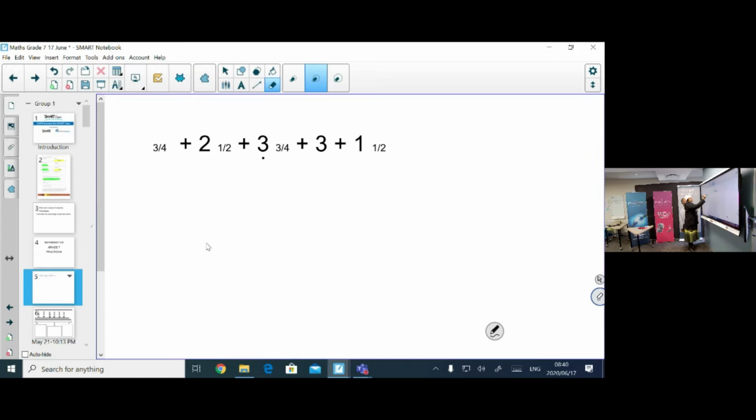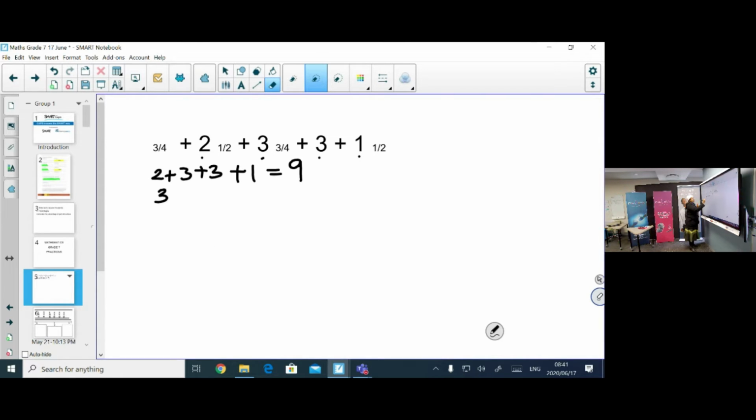First, you must add the whole numbers, which is 2 plus 3 plus 3 plus 1, and the number there we get is 9. Now we add the fractions, all the fraction parts in each number.